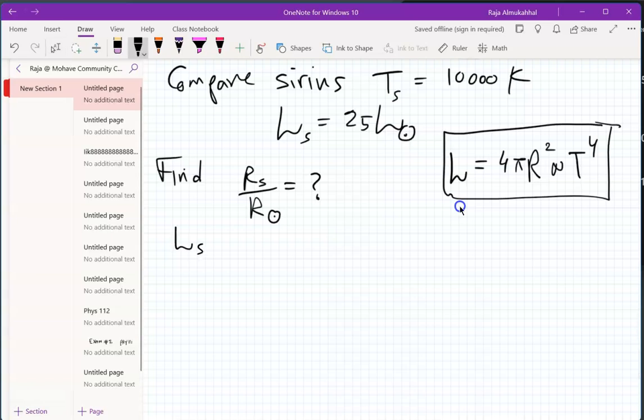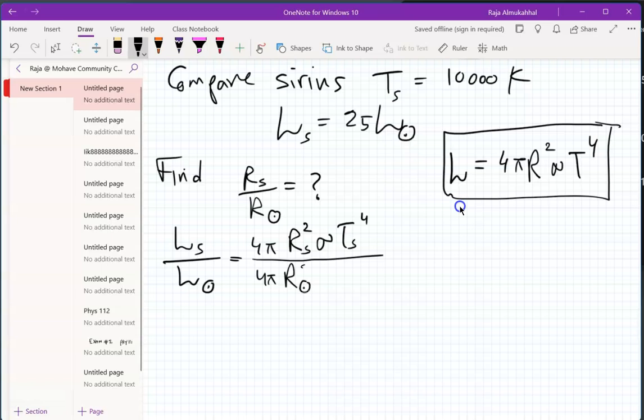So we have L sub S over L solar, and that means 4 pi r sub S squared sigma T sub S to the fourth over 4 pi r solar squared sigma T solar to the fourth. Okay, of course the 4 pi's cancel out, sigma cancels out.